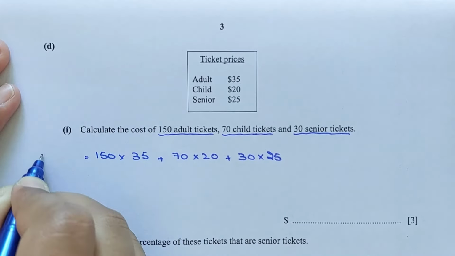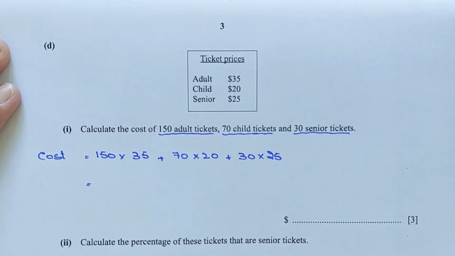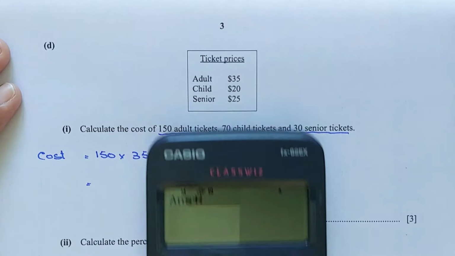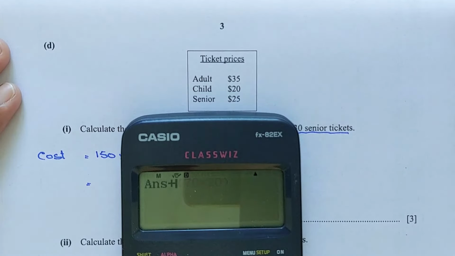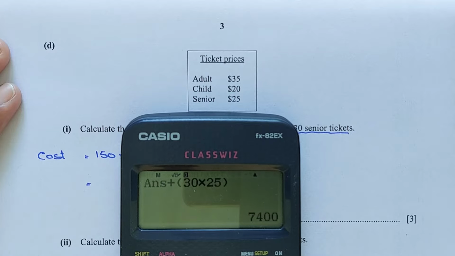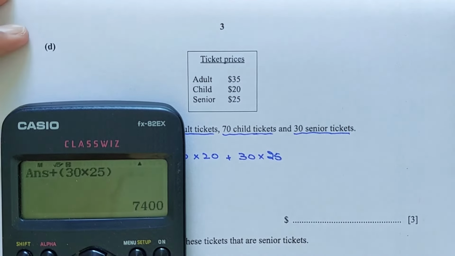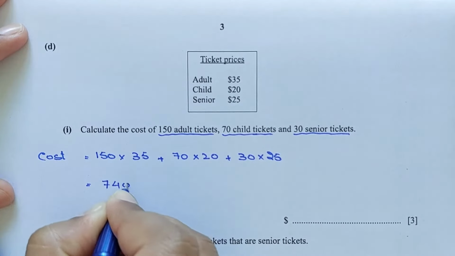This is going to be the cost. Let me calculate. 150 times 35 plus 70 times 20 plus 30 times 25. This is $7,400.